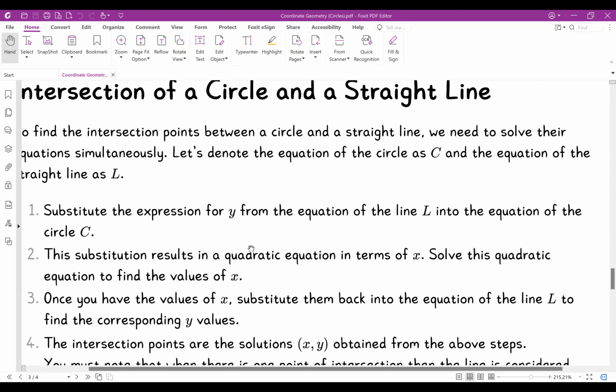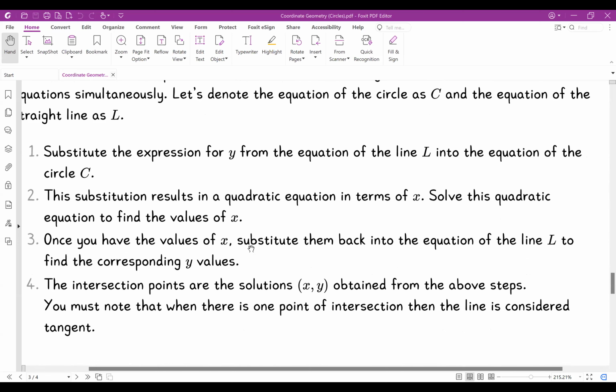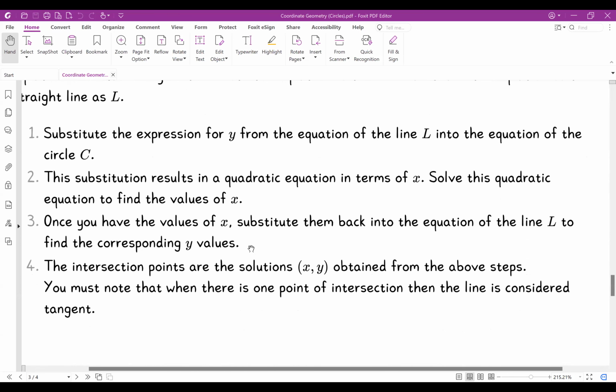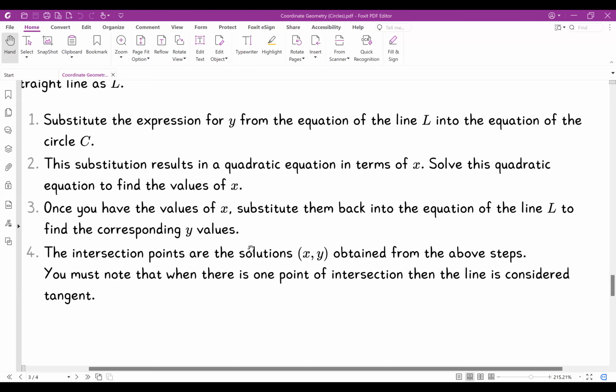This substitution will always give us a quadratic equation in x. This way it gets pretty easy. You just solve for x. Once you get x, you plug the values of x that you found into y, and that will give us two intersection points, one intersection point, or no intersection points. If you get one intersection point, that line is tangent.